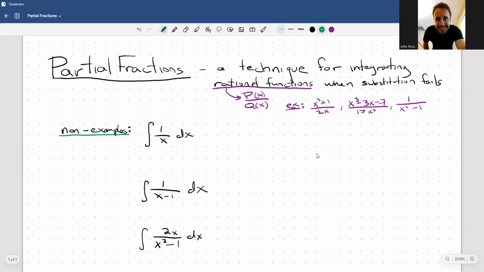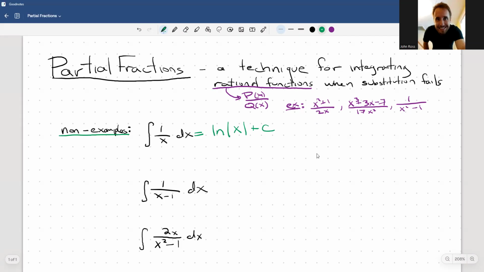The integral of 1 over x dx does not really require any technique. It just requires us to remember that 1 over x has an antiderivative that is ln of absolute x plus c. Completely done, no further method necessary.